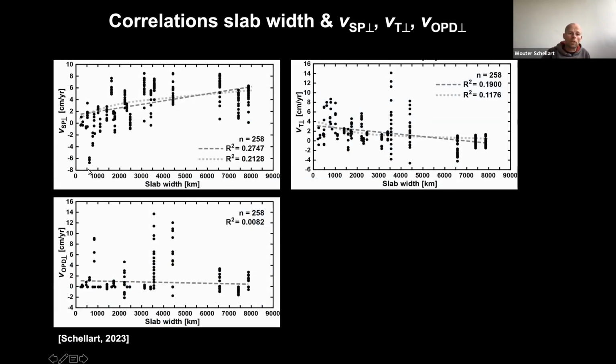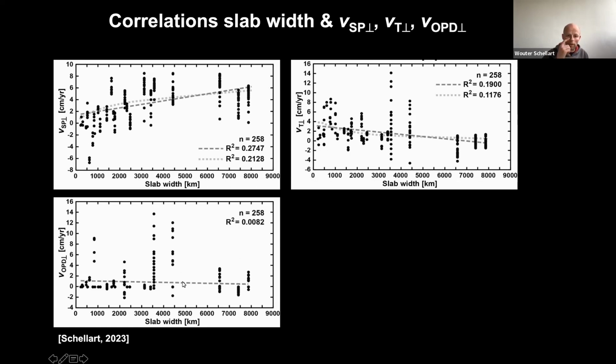We see there's actually a positive correlation for VSP, right? The wider the slab becomes, the larger the VSP, the larger the trench with subducting plate motion. For the trench velocity, we see, as predicted by the conceptual model, a decrease, a negative correlation. So very wide slabs generally retreat slowly, whilst narrow slabs retreat faster.